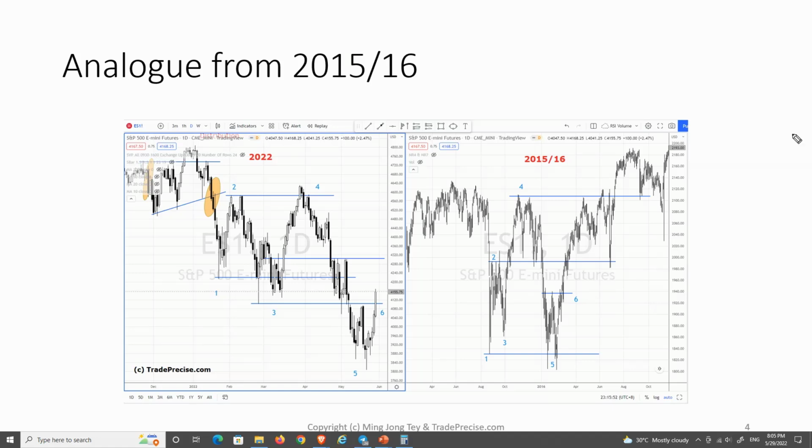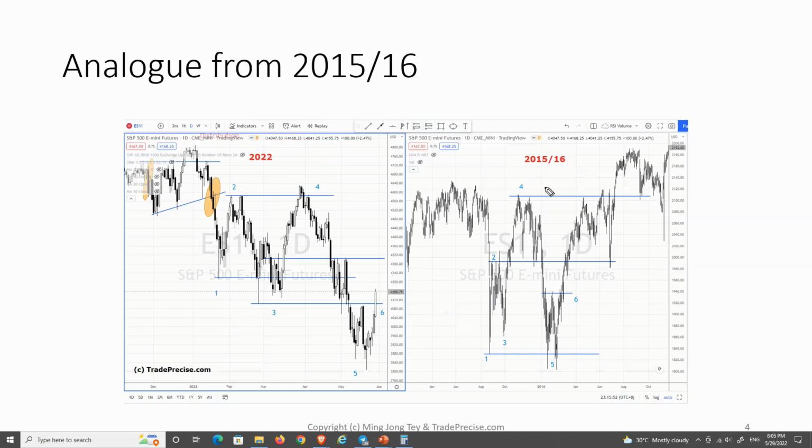If you think about 2015-16, we have this localized accumulation structure projected into a higher high at 4, but here we only created an upthrust. In terms of the structure, this is a horizontal trading range, but this is kind of a W followed by a spike up.